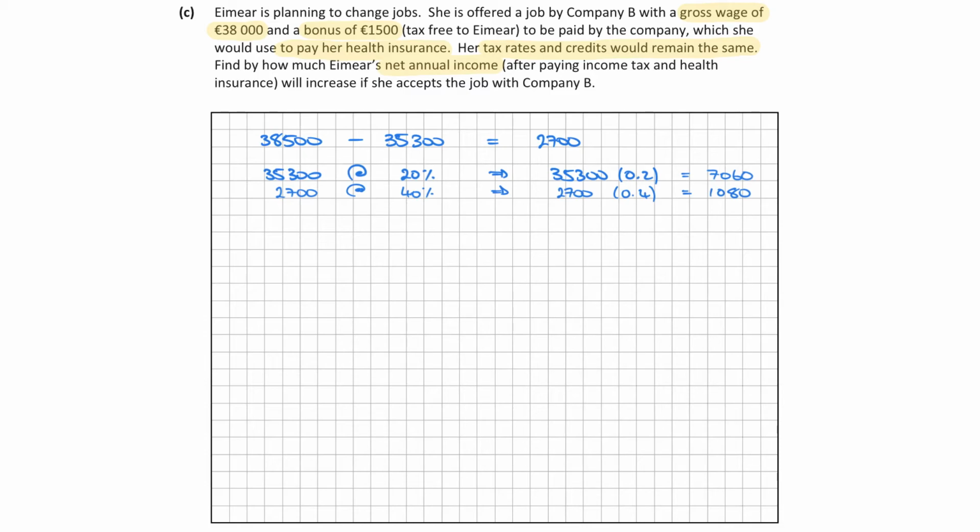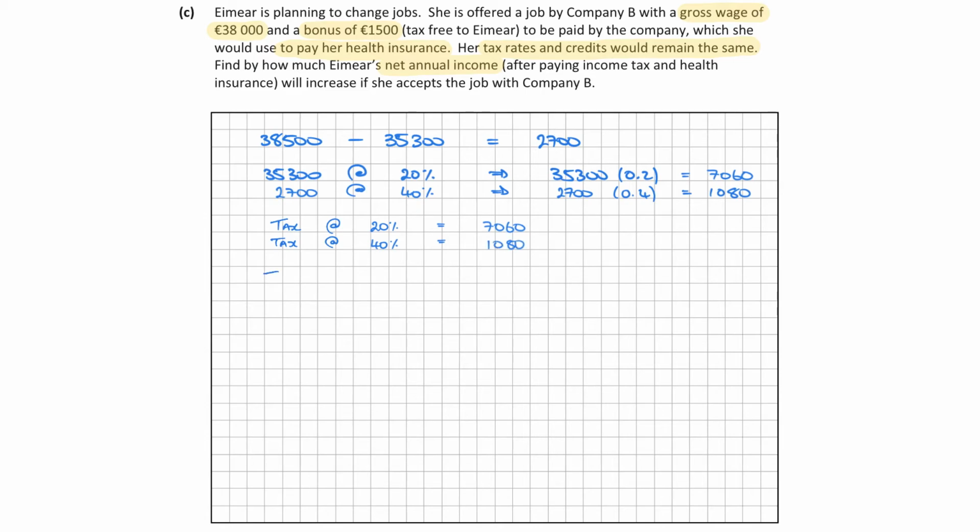Okay, so we've got our tax there. Our tax at 20% was equal to 7,060. And our tax at 40% was equal to 1,080.